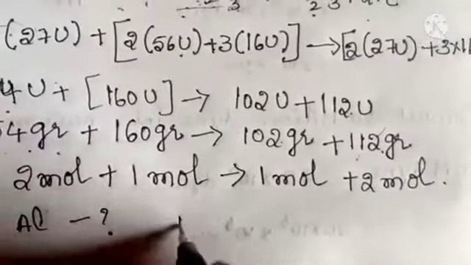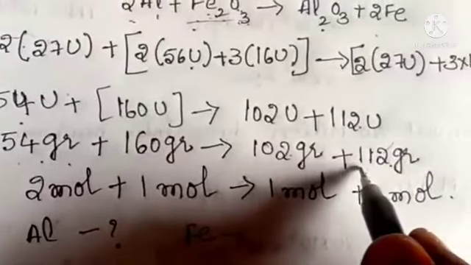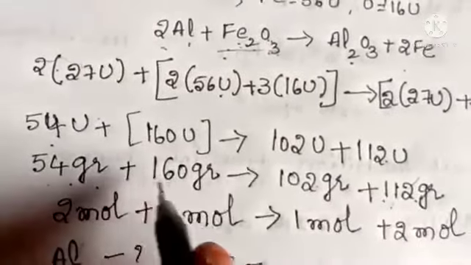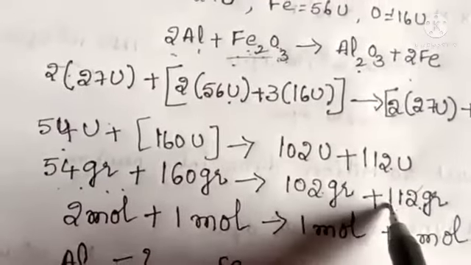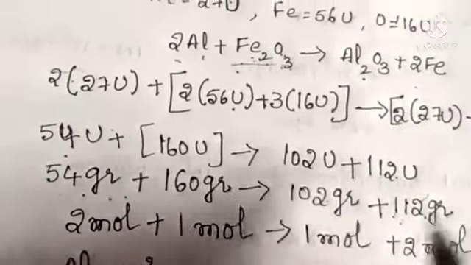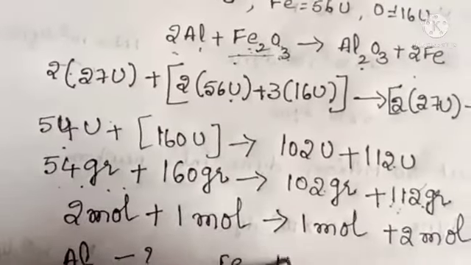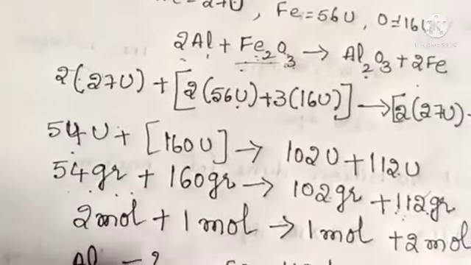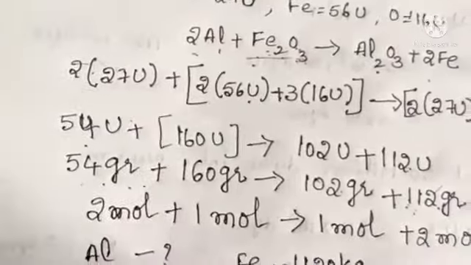The given ferrous value is 1120 kg. What is the required weight of aluminium?